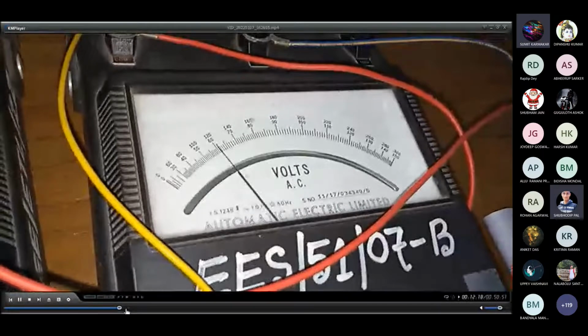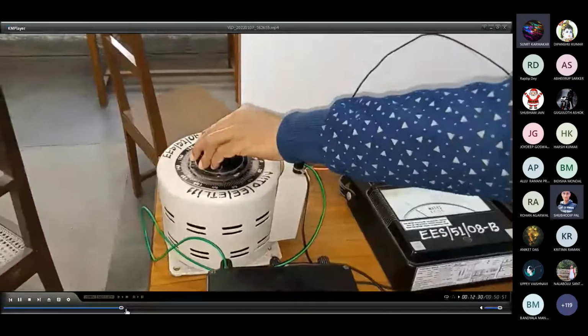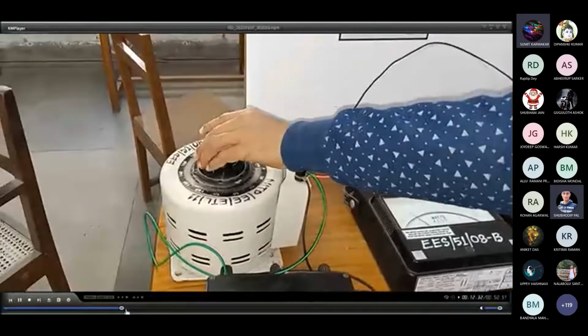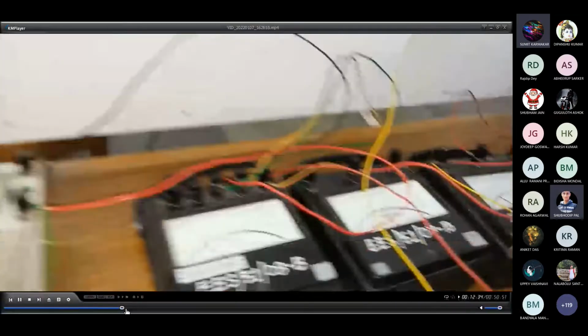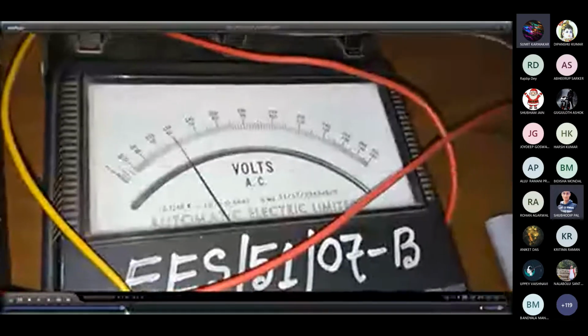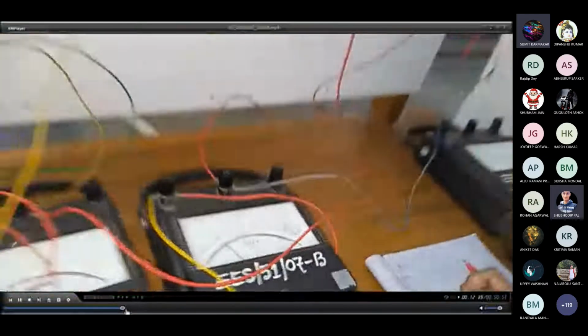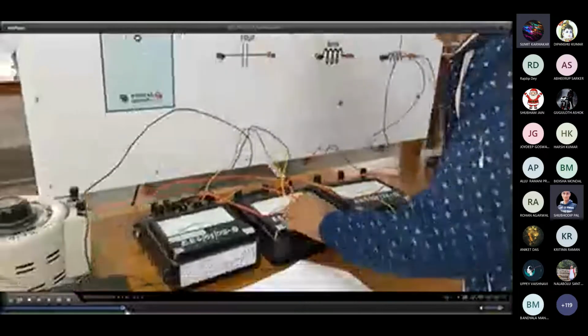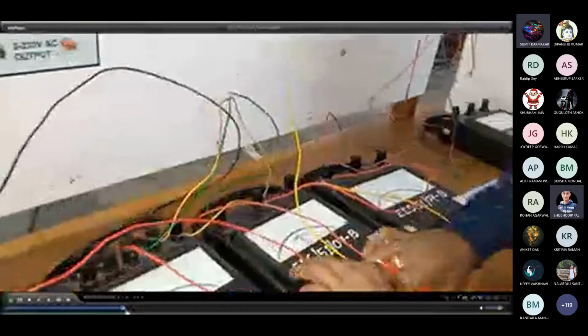It's slightly less than 120, so let us adjust this in order to get the voltage exactly 120 volts, right?